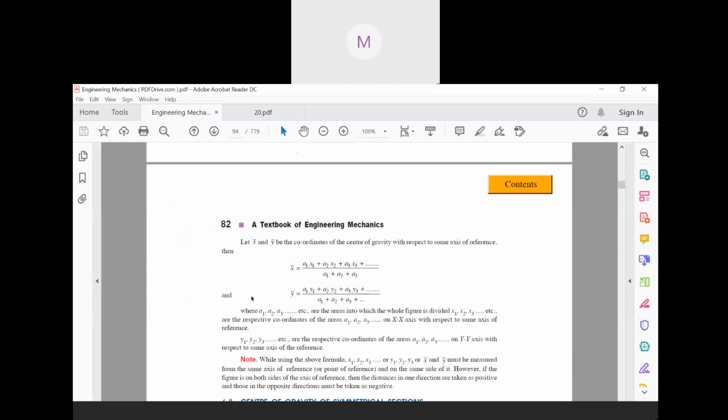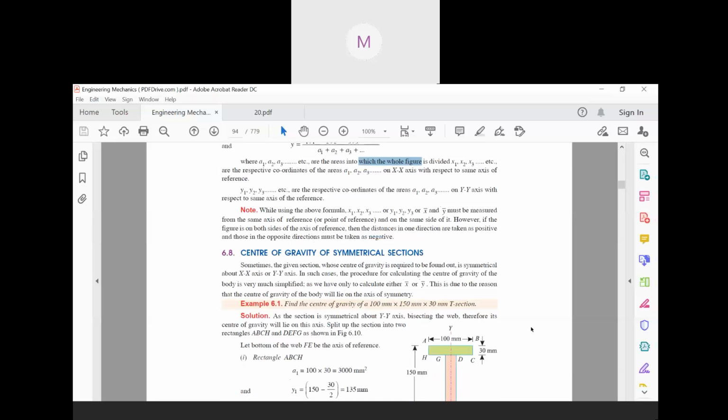If x bar and y bar are the coordinates of the center of gravity, then x bar is equal to A1 x1 plus A2 x2 plus A3 x3 divided by A1 plus A2 plus A3, where A1, A2, A3 are the areas into which the figure is divided, and x1, x2, x3 are the respective coordinates of the areas. Similarly in the y direction we'll find out like this. Once we do the numerical, we'll understand in a much better manner.